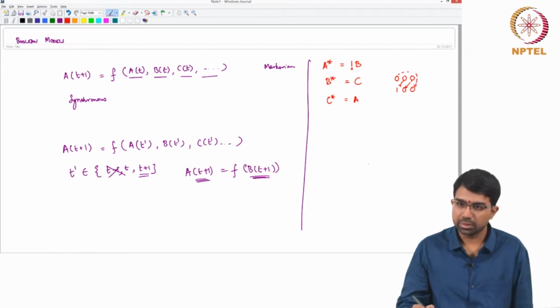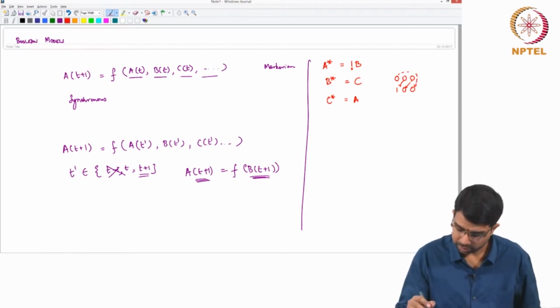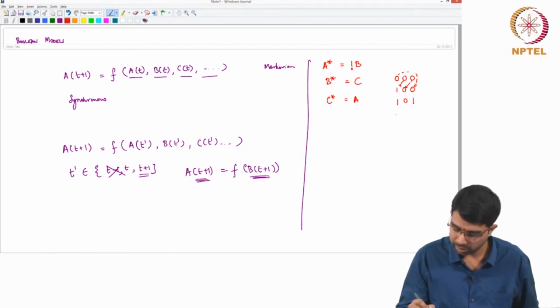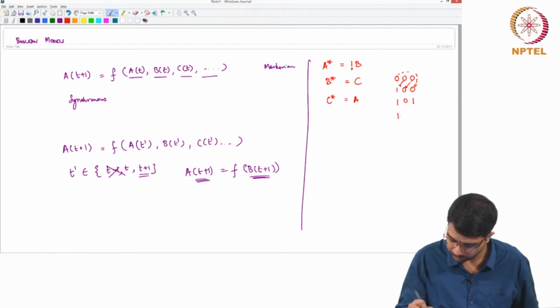Is that right? Now let us do the same thing. It will again become 1, 0 1, and it will now become 1 1 1.